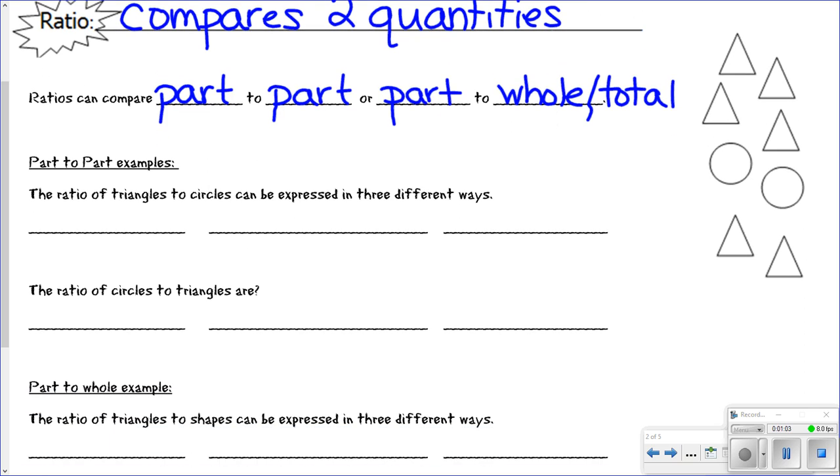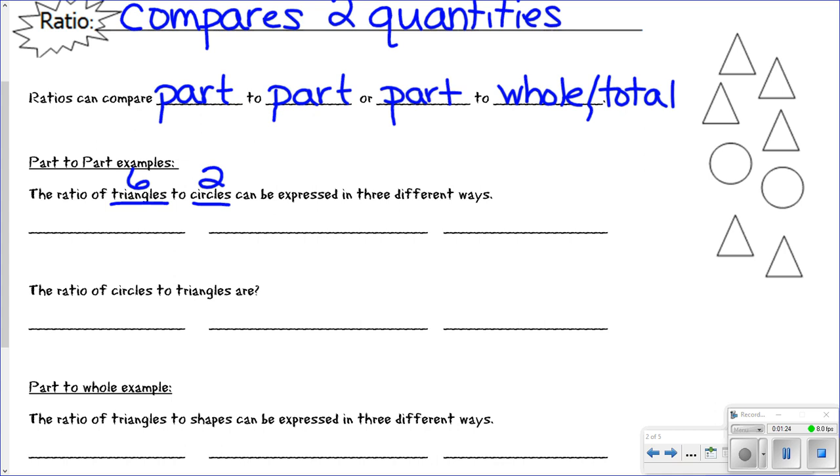The ratio of triangles to circles can be expressed in three different ways. Order matters here. So this says triangles, so I'm going to count how many triangles there are, and there are 6 triangles, and there are 2 circles.